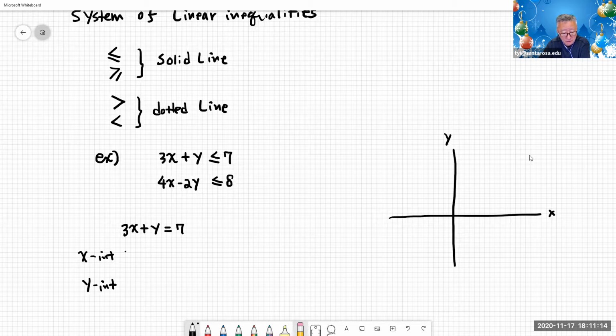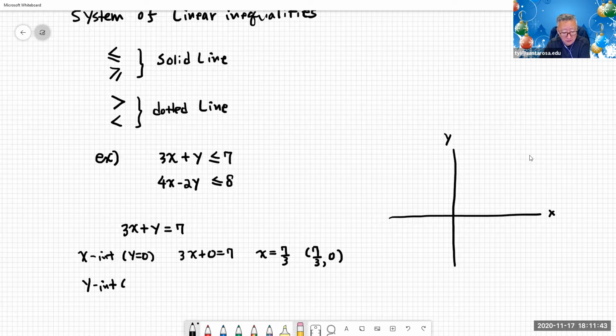So x-intercept means y equals 0, right? So let's plug in y equals 0 up there. So that means 3x plus 0 equals 7. So x has to be 7 over 3. So that means we have 7 over 3 and the 0.